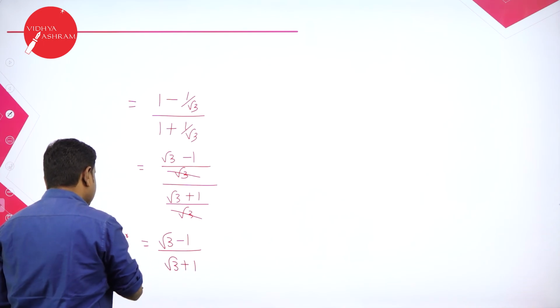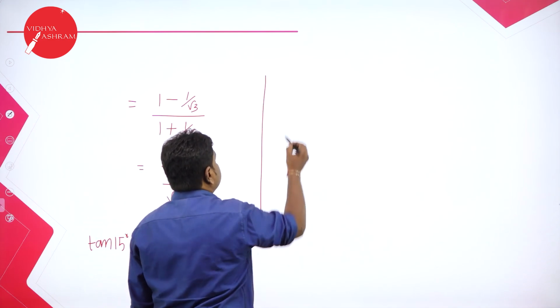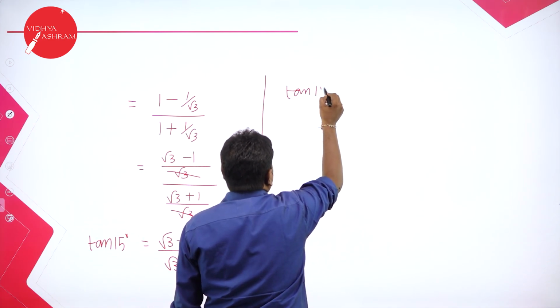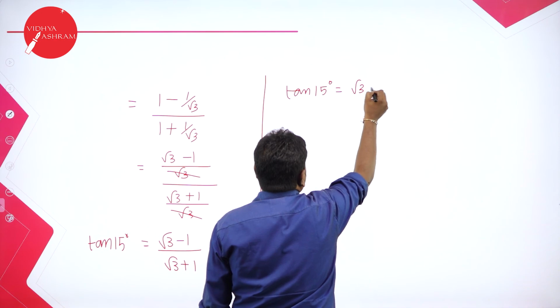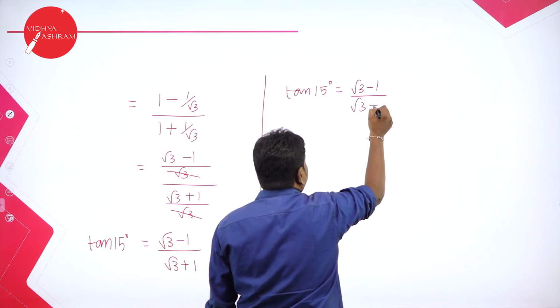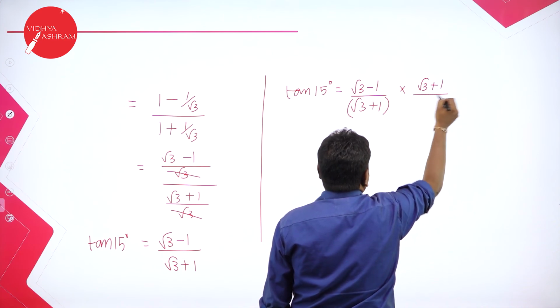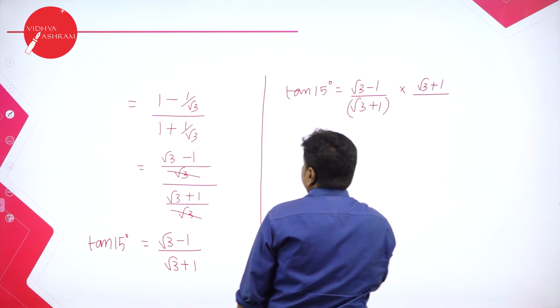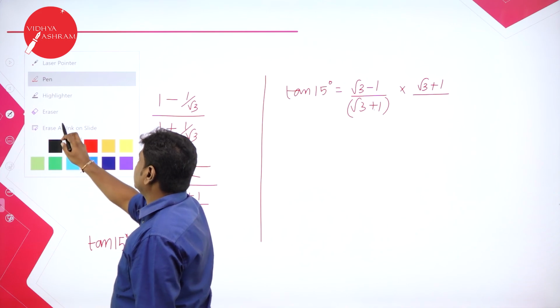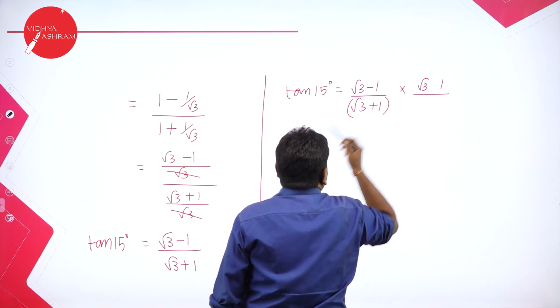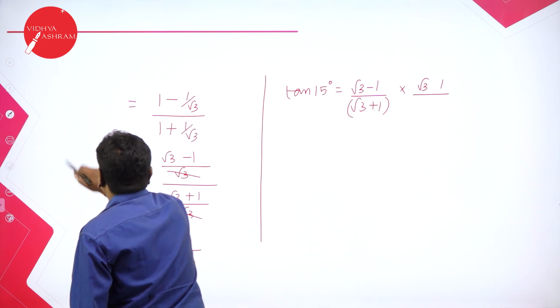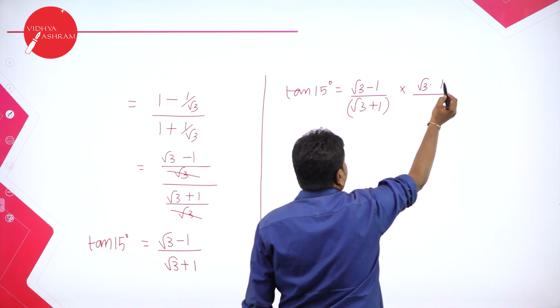This is one of the values for tan 15. But rationalize this. If you rationalize the answer, tan 15 degrees can be written as root 3 minus 1 by root 3 plus 1, divided and multiplied by the opposite term to the denominator. What is the rationalizing factor for the denominator?